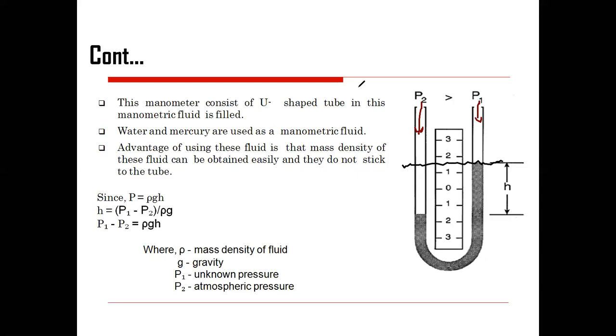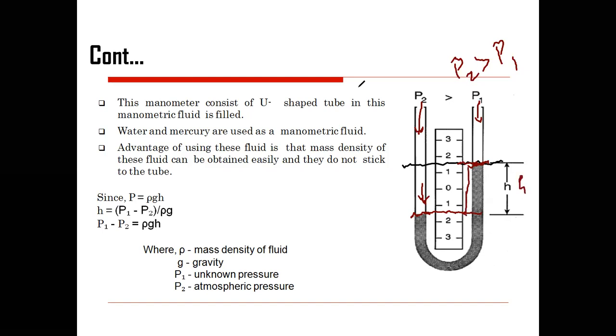This pressure P2 is greater than pressure P1, so force will be exerted on the liquid. It moves to the downward side, and the change in height that I get is represented as H.